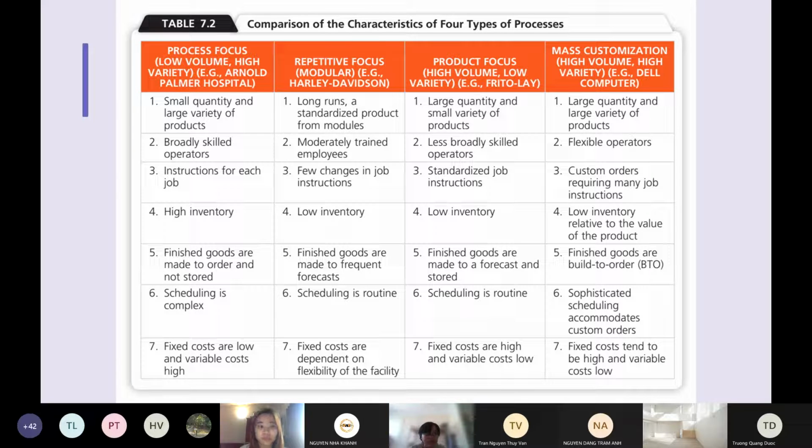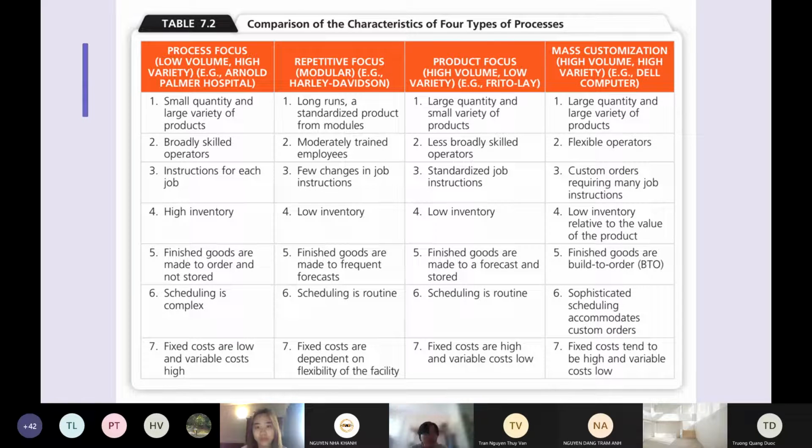Moving to the second row, we have the skill of the employee. Both process focus and mass customization need highly skilled labor and mandatory employee training, while with repetitive focus and product focus, we just need less skilled labor.